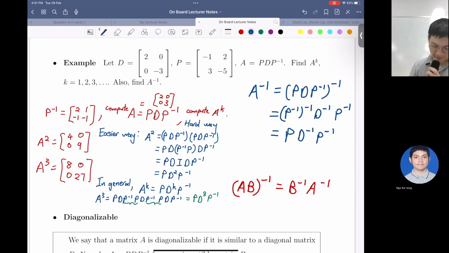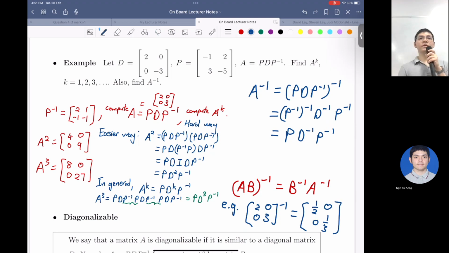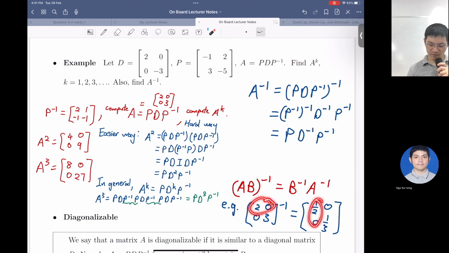So for example, if you want to take the inverse of 2, 3 here, it's just 1/2 and 1/3, because when you multiply these two matrices, you get identity. You multiply row and column, row and column.